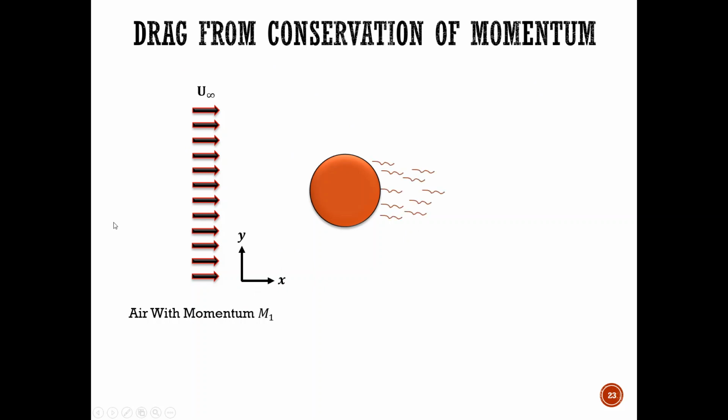Now, as you guys know, behind the cylinder there will be a wake, and then there will be shedding. Let's think about what happens to the velocity behind it. I'm going to put a series of arrows here. Closer to the center line of the cylinder, it is reasonable to expect that the velocity will be lower, and as you go to the free stream, you expect the velocity to increase, on both sides.